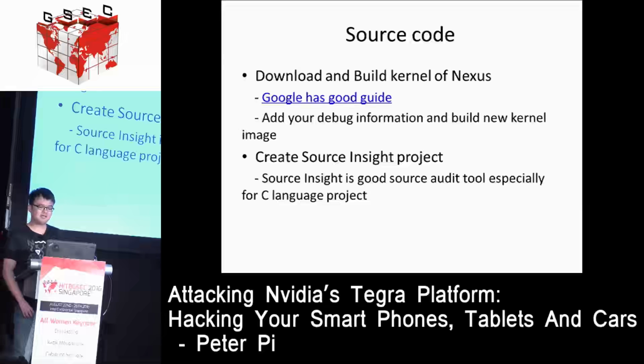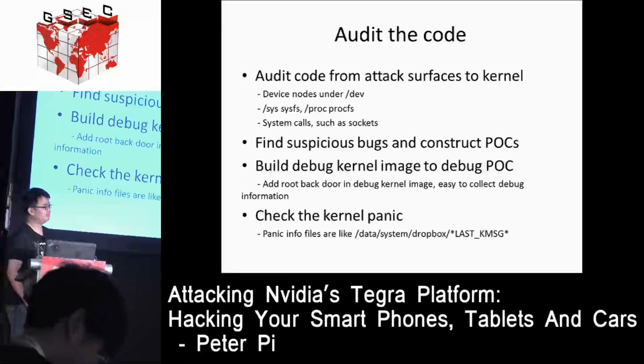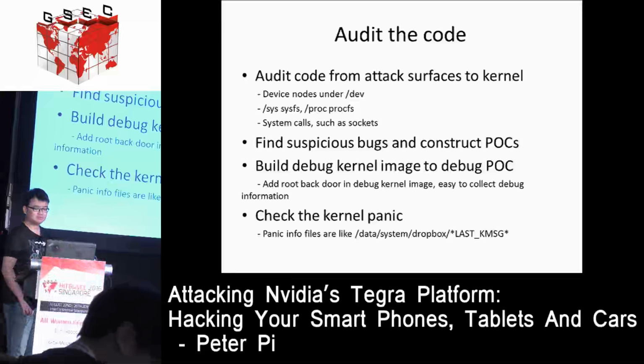I found these bugs by code audit. You can download and build the kernel of a Nexus device. Google has a very good guide for it. You can add your debug information into the kernel source and build your own debug kernel image. Personally, I like to use Source Insight as a code audit tool. Usually, you can audit the code from the attack surface to the kernel.